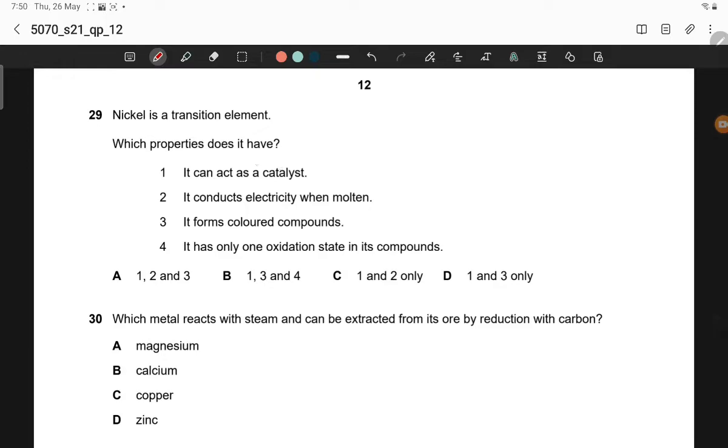Which properties does it have? It can act as a catalyst. Yes, it is correct. It is used as a catalyst in making margarine. It conducts electricity when molten. It is a metal, so it conducts electricity. It is correct.